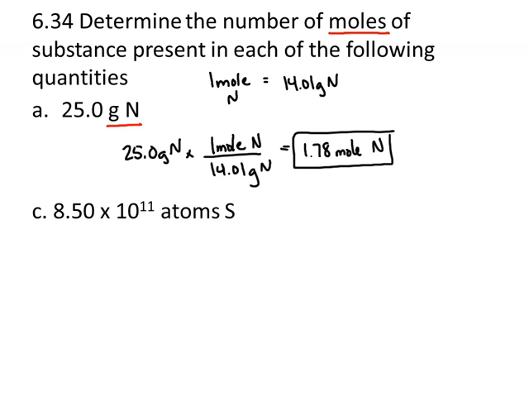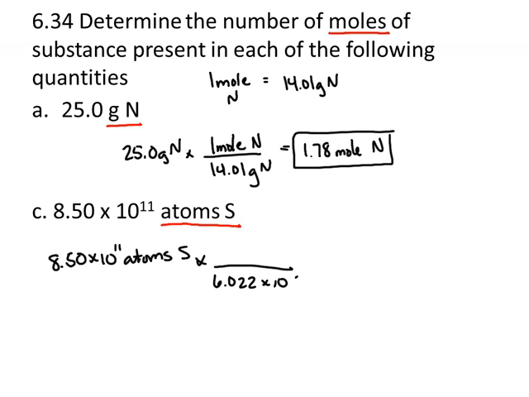In letter C, it's a little bit different story. Here I have atoms of sulfur, so that should make me recognize, oh yeah, I have to use Avogadro's number here. But I don't have any grams of anything, so I shouldn't need to use the molar mass of the periodic table. In fact, I don't. So I have 8.50 times 10 to the 11th atoms sulfur, and I just want to use Avogadro's number to go to moles.